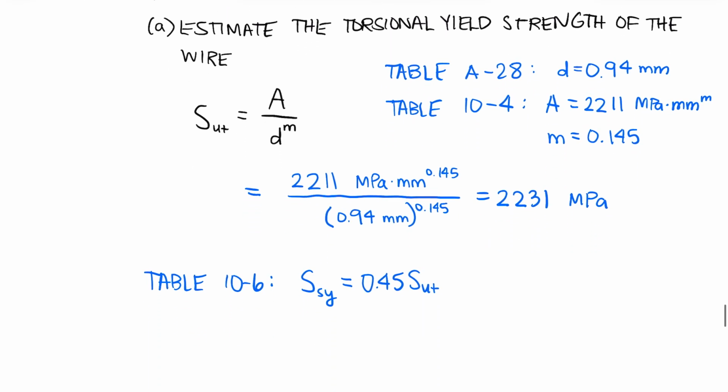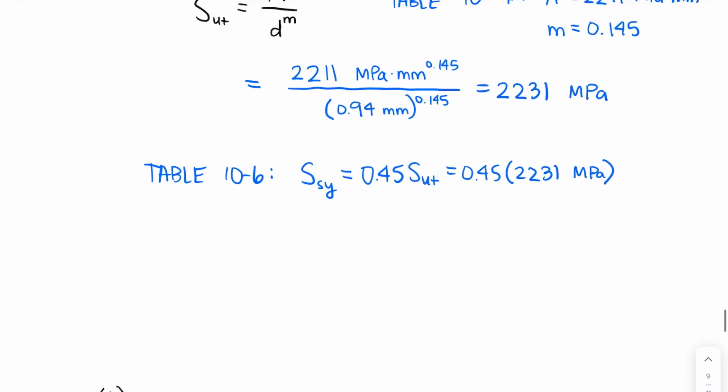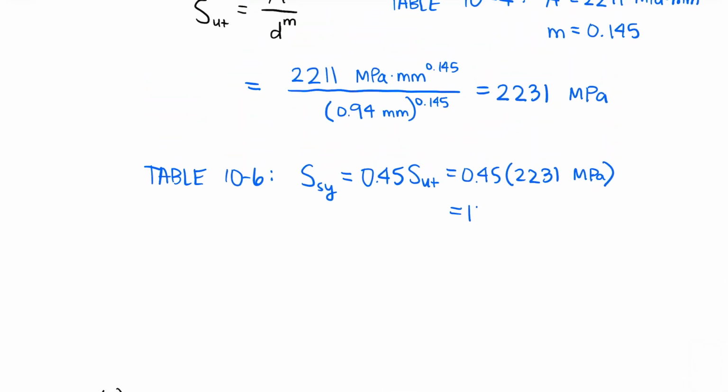And so all we need to do is plug into this the ultimate tensile strength that we just found. So 0.45 times our previous answer gives me 1,004 for our torsional yield strength.